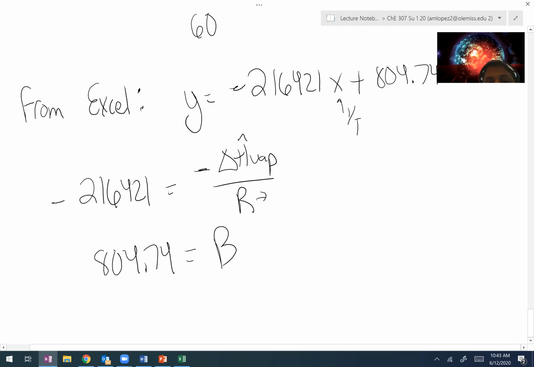So if I set R equal to 8.314 joules per mole Kelvin, that will give me my enthalpy of vaporization in units of joules per mole.